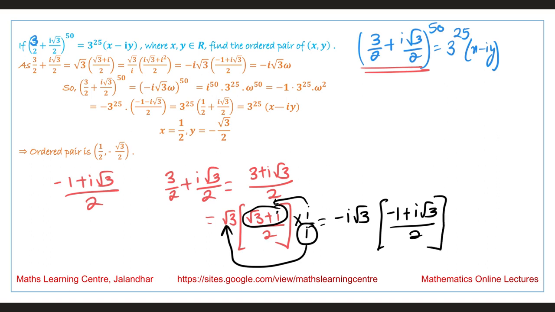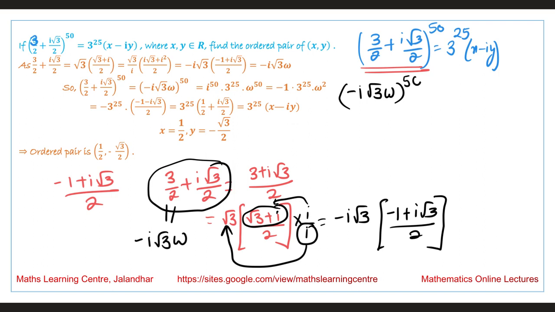So this number is basically minus iota root 3 omega. So we are writing (minus iota root 3 omega) raised to the power 50 is equal to 3 raised to the power 25 into (x minus iota y).